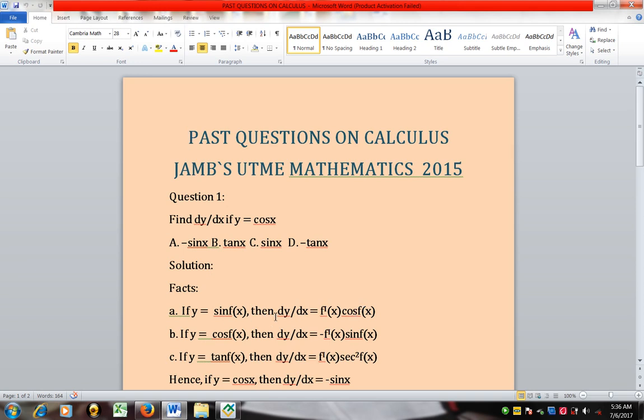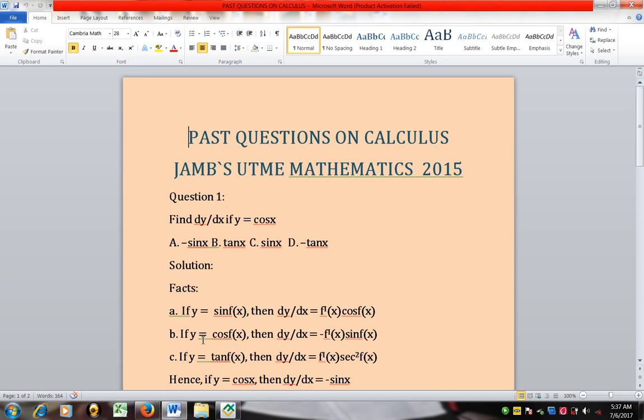So we'll use f prime of x to multiply cos f of x. When we differentiate f of x as a function of x, you get f prime of x. So we use that to multiply cos f of x.